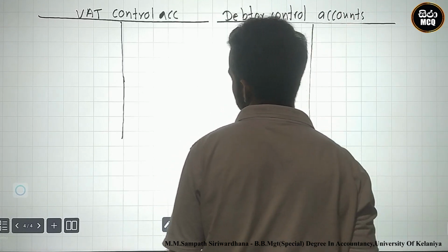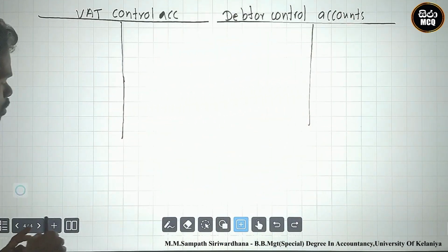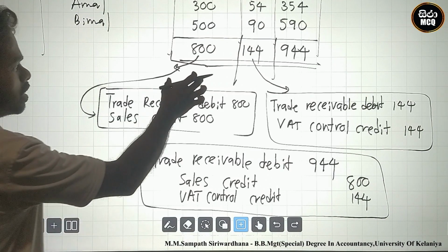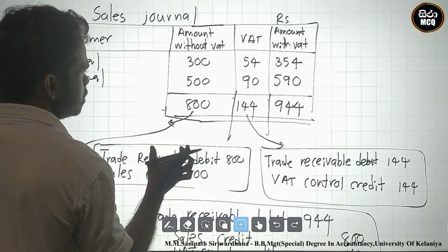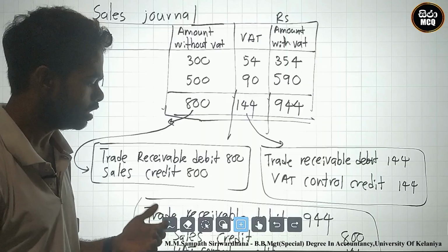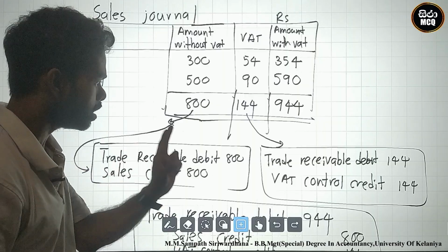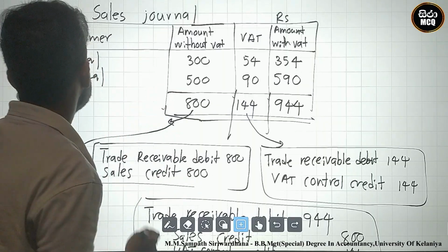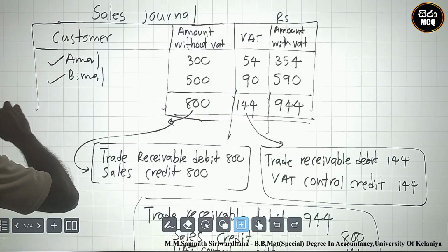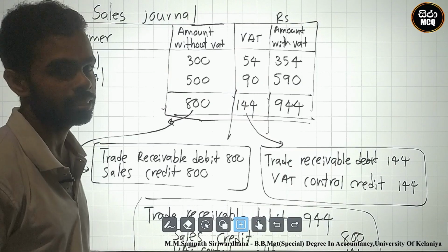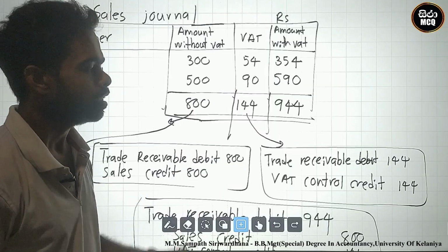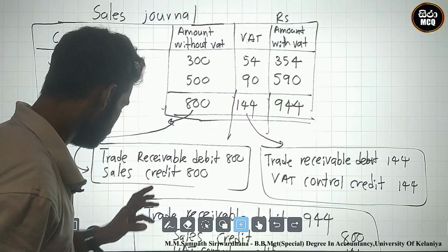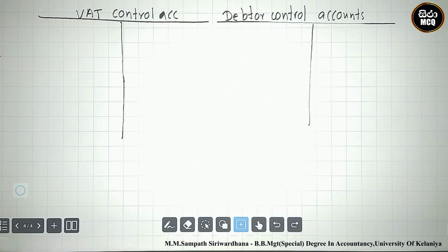In that point, I use the information related to the sales journal. We have already recorded two transactions, Amal's and Bimal's credit sales. I use these double entries to prepare these accounts.